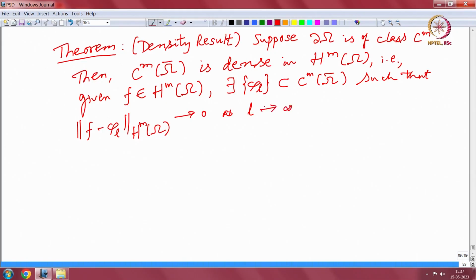Of course, the same statement you can write in terms of: given any epsilon, you can find a smooth function approximating in the HM norm.